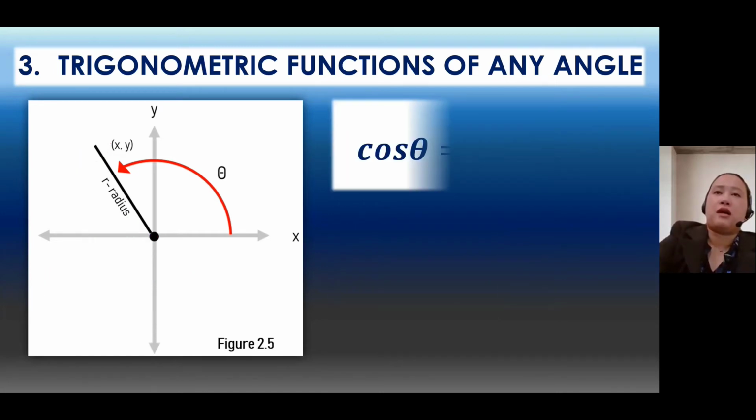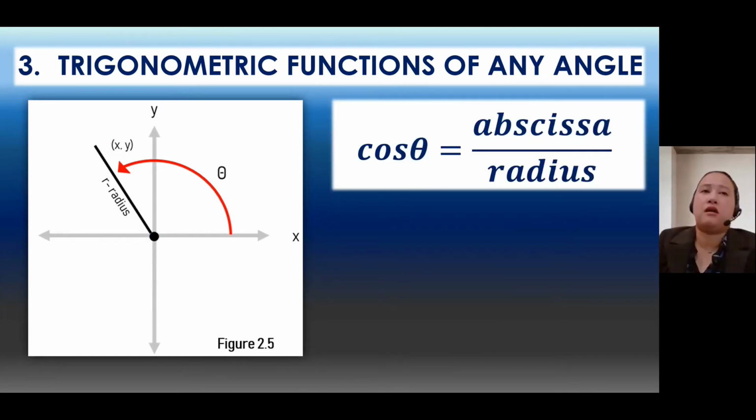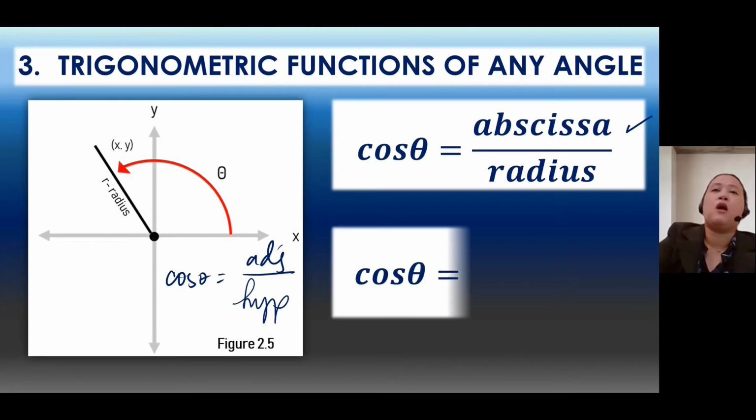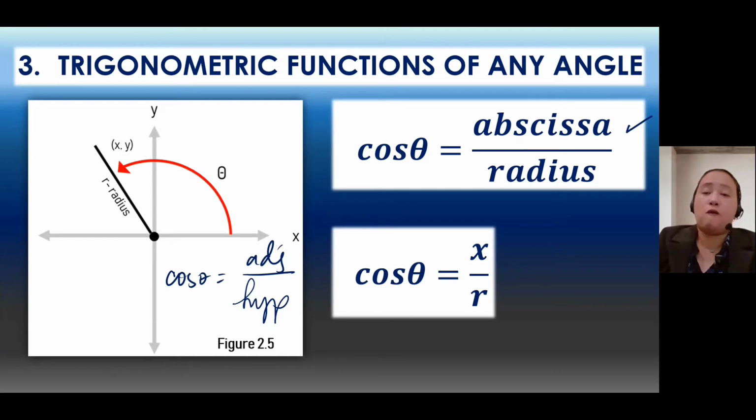Remember, cosine theta is equivalent to adjacent over the hypotenuse, and the adjacent is the x, also known as the abscissa, and the hypotenuse is the radius. So we have abscissa over the radius, or x over r. That is for the cosine.